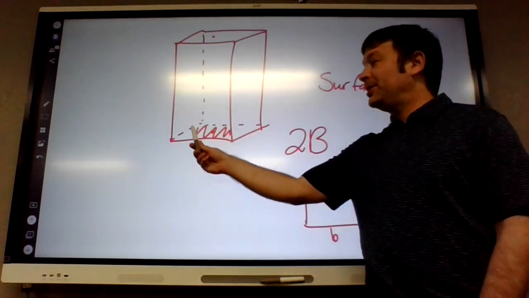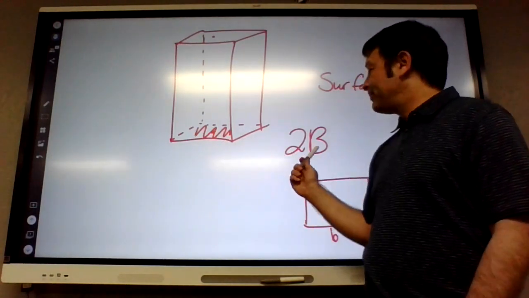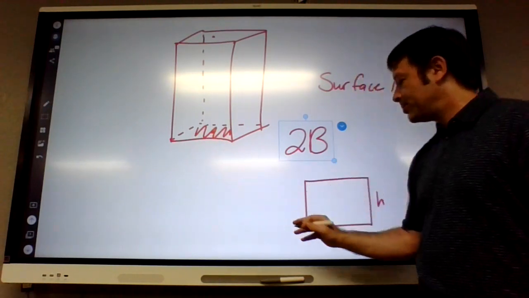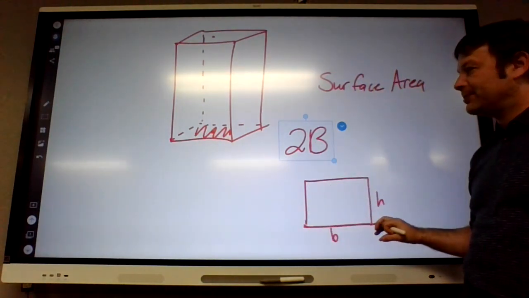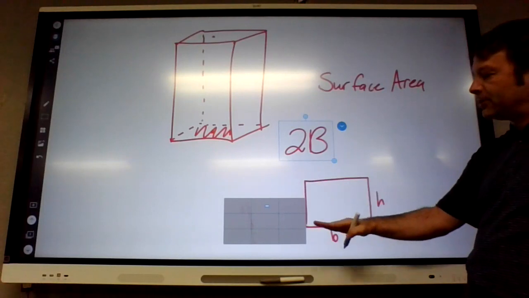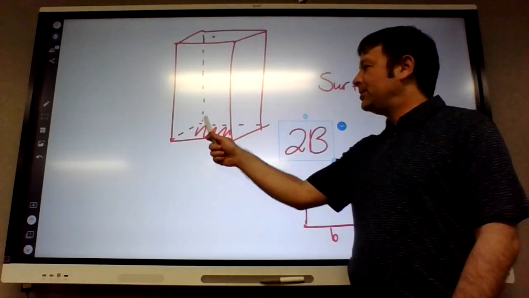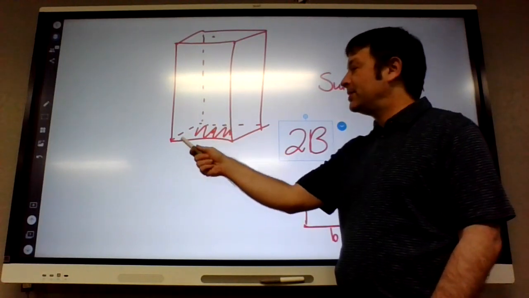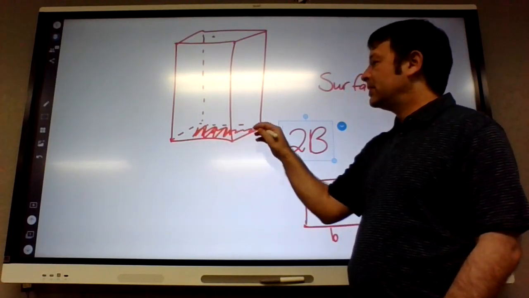But on a 3-dimensional prism, capital B stands for the area of the entire base, as opposed to just one segment. Does that make sense? So little b is what we used a couple chapters ago to find the area of that rectangle based on height. Capital B means the area of a 2-dimensional base, the entire area.